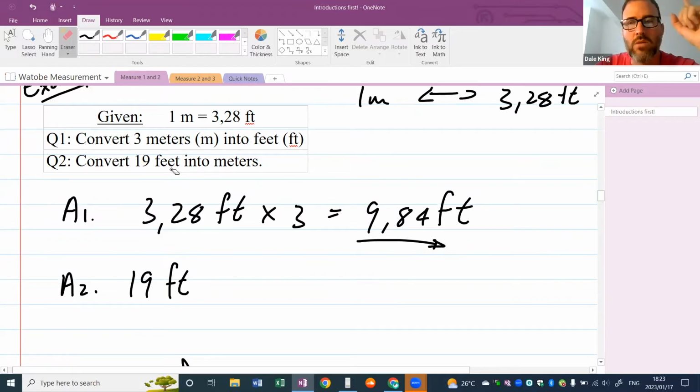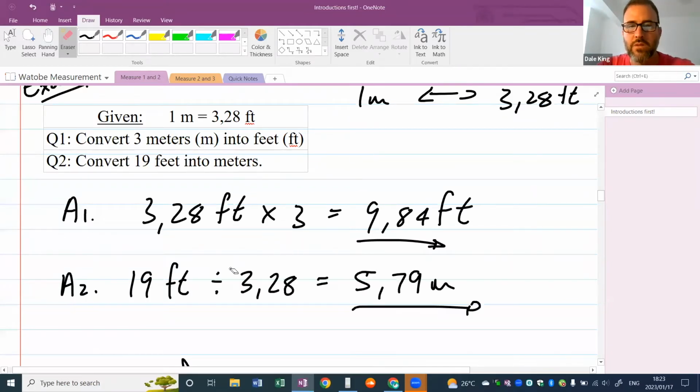Because each one of those is 1 meter. To find out how many 3,28s there are in 19, we just divide by 3,28 and we get this answer here. So there's a couple of ways we can look at it.